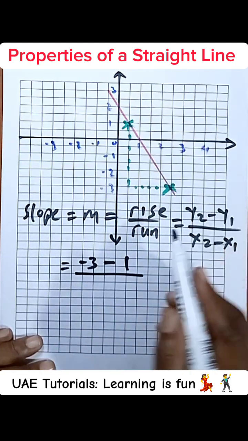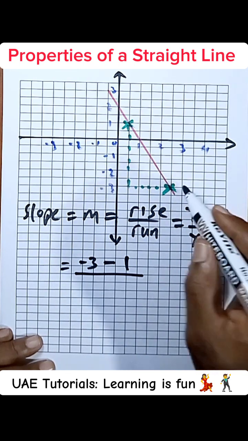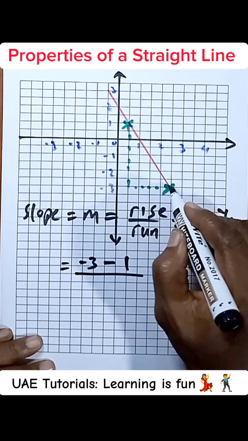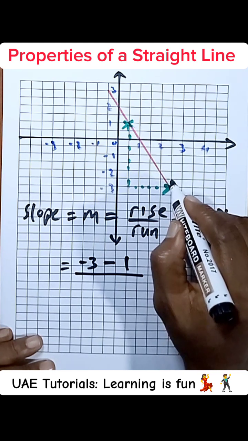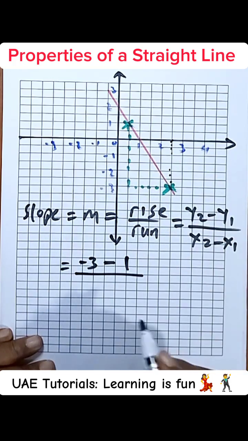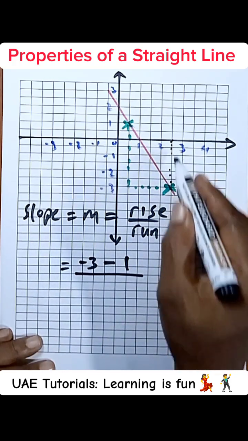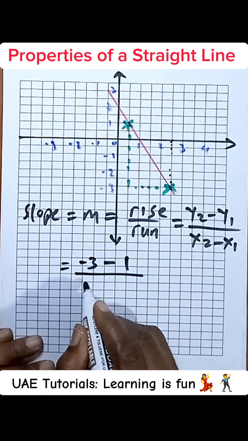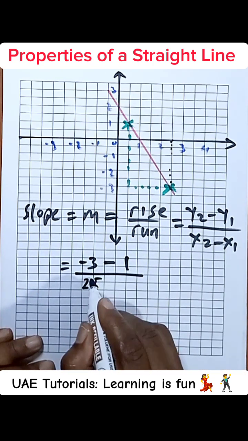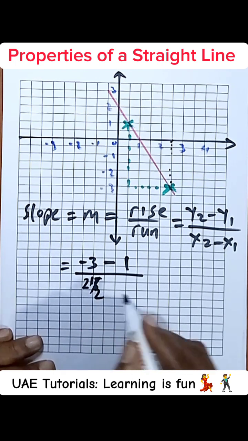All over our x2. Of course, I still have to project these 2 points to meet the x line. So our x2 is 2.5. Let me put it in fraction form.